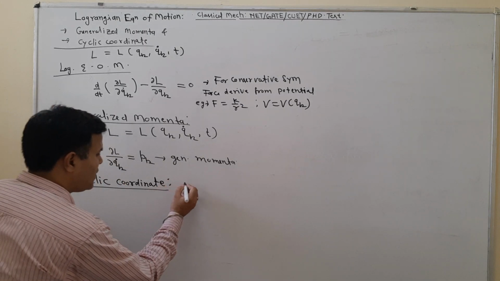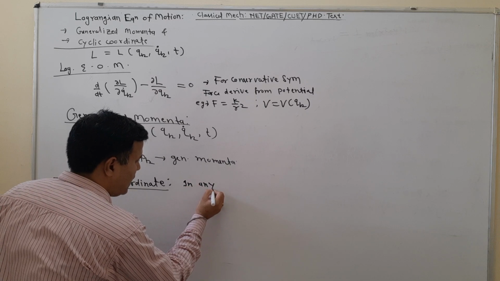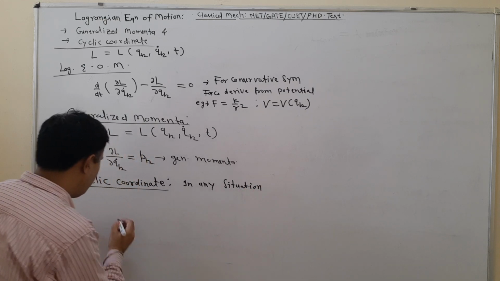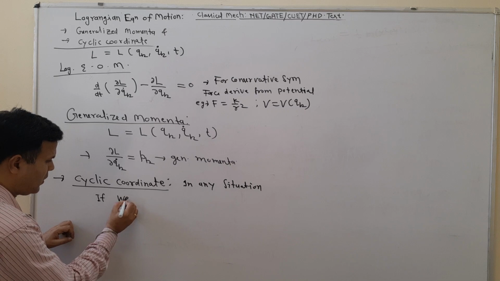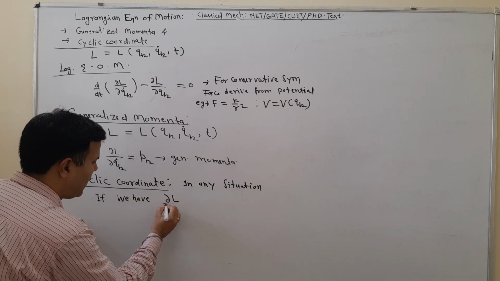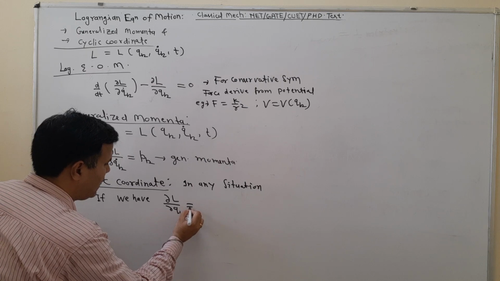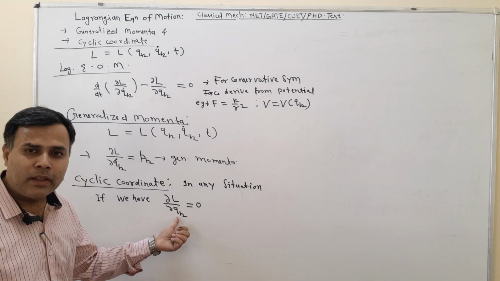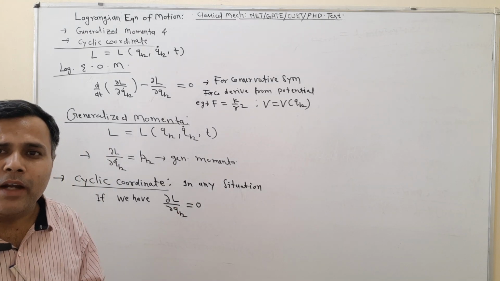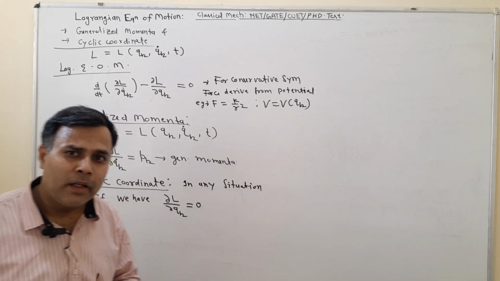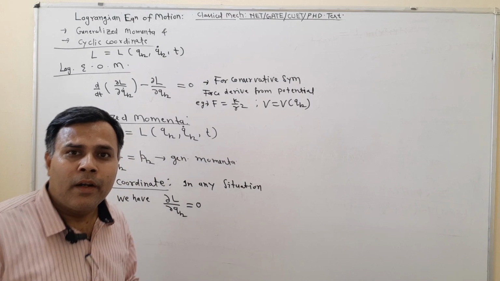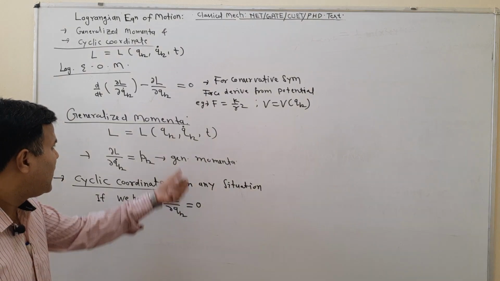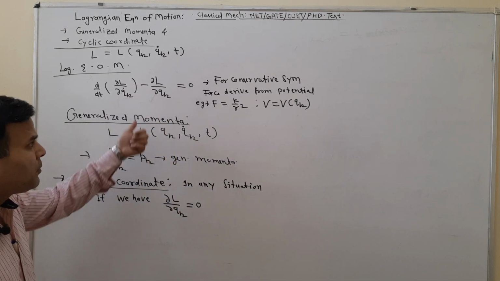In any situation, if we have a profile of L in which del L by del Qk is zero, and this Qk could be x, y, z, or r, theta, phi, or r, theta, z, depending upon which coordinate system we are dealing with, what is the expression of our equation of motion?